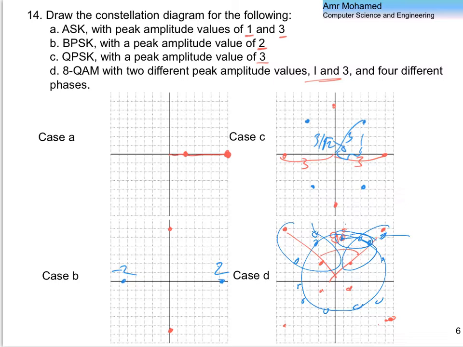Because if you change the phase only, all the symbols lie within a circle and the distance gets closer and closer. But if you have another degree of freedom to change the amplitude and the phase, this gives you more flexibility to make the distance between the symbols further. The probability of error will be lower in that case. It will be better in terms of probability of error.